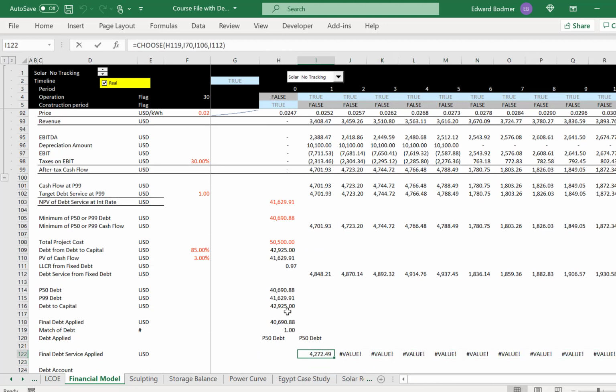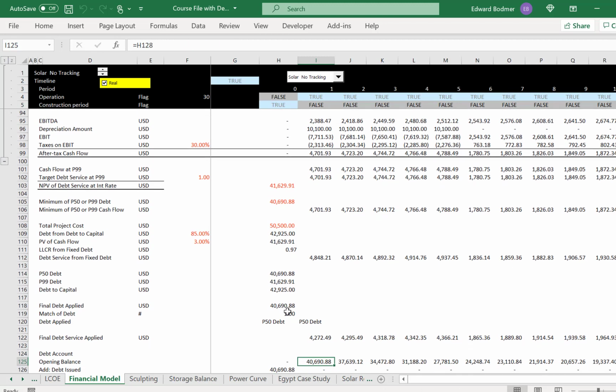Now, in the real world, this is one of the biggest problems in project finance: being able to incorporate circular references related to taxes and interest, circular references related to the DSRA, and the interest during construction and the fees during construction.